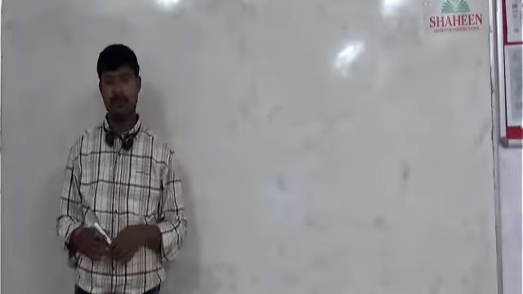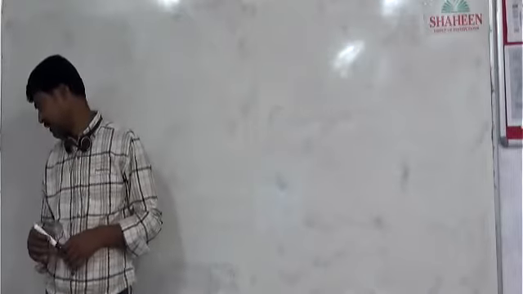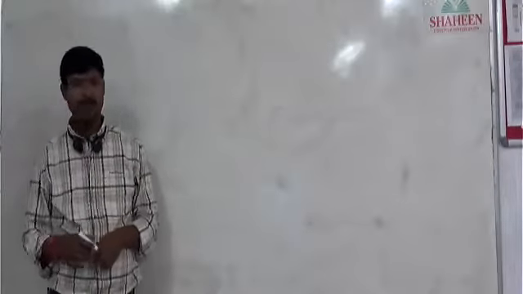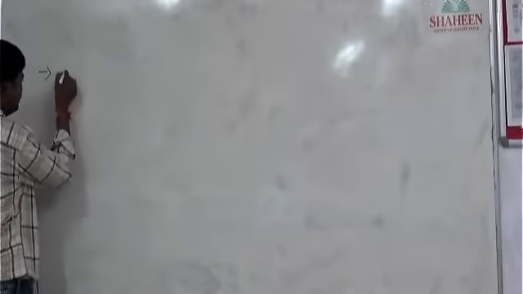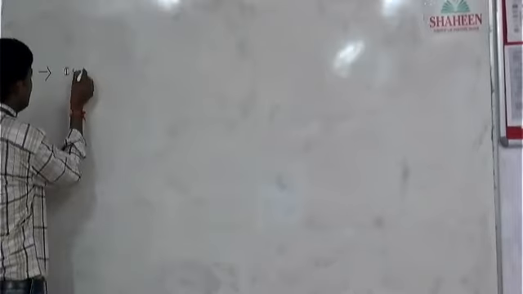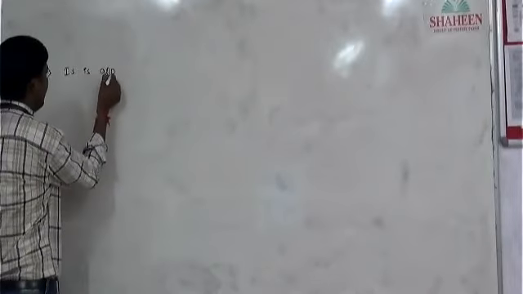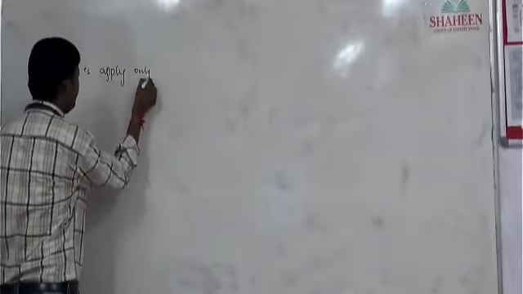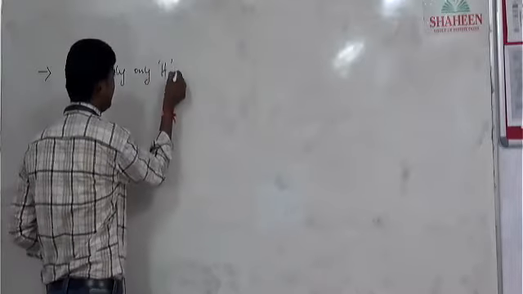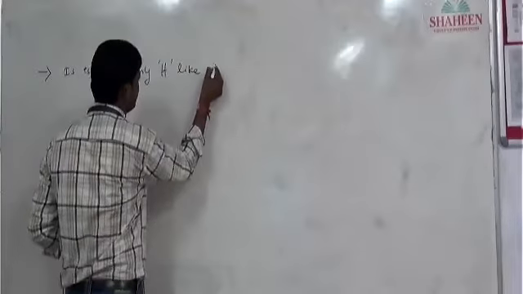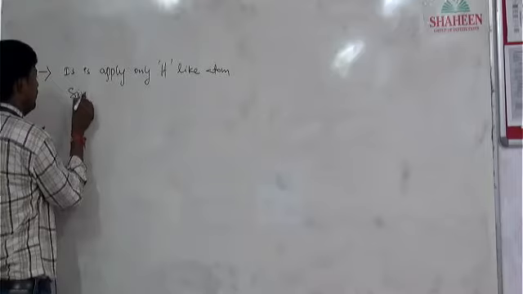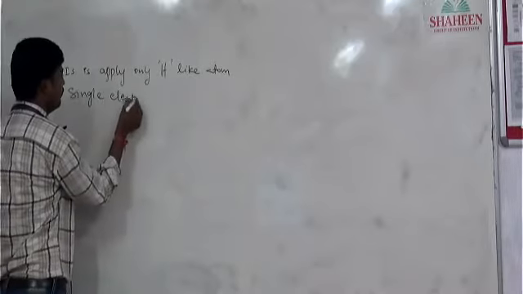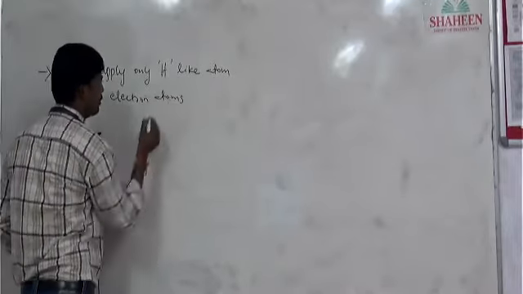So the major drawback is that it is applicable only to hydrogen like atoms. One by one I will say the points, you just note them down. First point, drawback of the Bohr model: it applies only to H like atoms or single electron atoms.